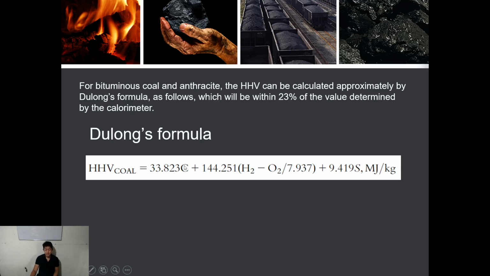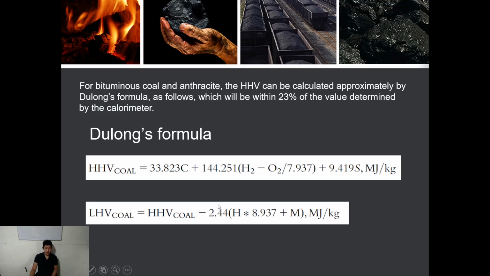Again, these C, H2, O2 are from the ultimate analysis. And then you subtract the heat of vaporization of the water, and you can get the lower heating value.